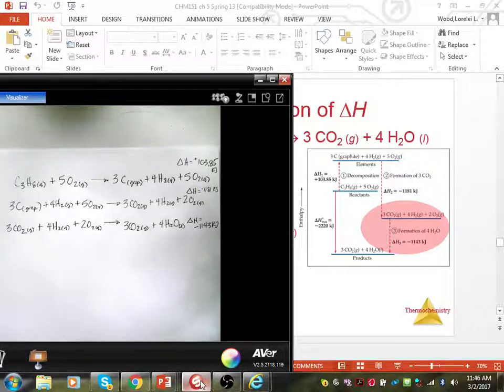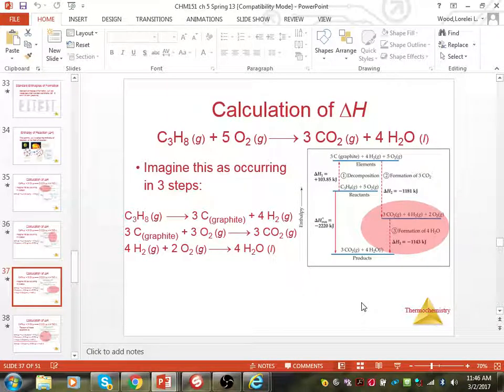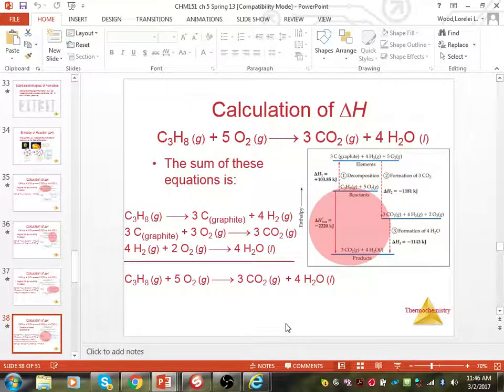All right, now I go to the last step of the reaction. Now we're highlighting this last part. This is what we call the overall enthalpy. So really the reaction, this is what happened. It started out with these as the reactants, and we write those as the products. So that's what we call our target equation.